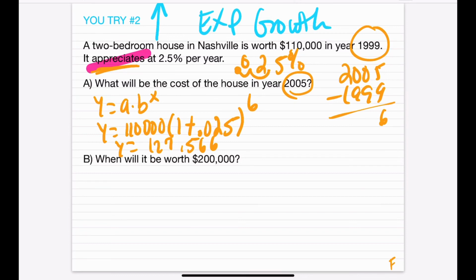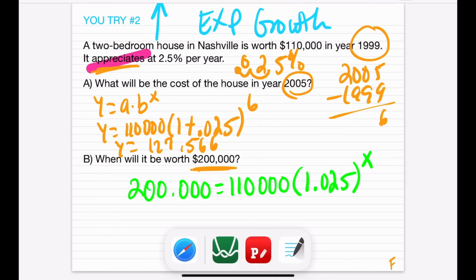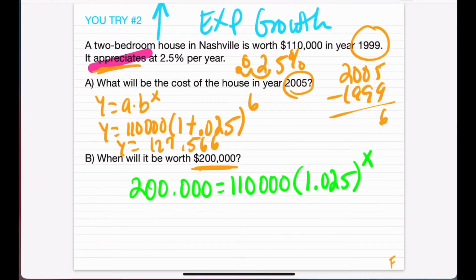Part B, when will it be worth $200,000? So again, on this one, that's the total amount. This right here is the Y. You're trying to find the X or the time. I mean, we could add those two and we get 1.025 to the power of X. Since you don't have end solve, let's graph left, graph right. Let me actually close this so we can go back.